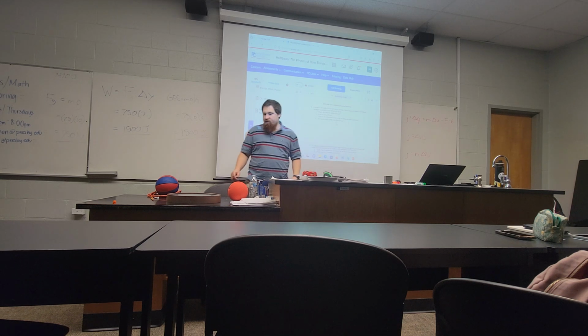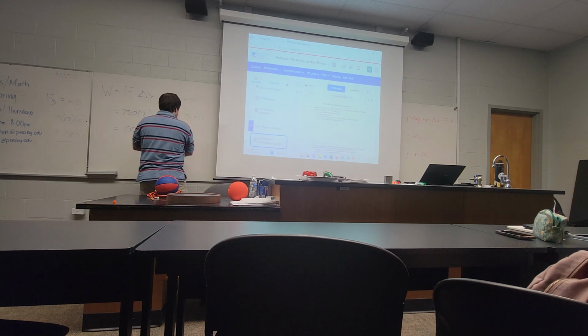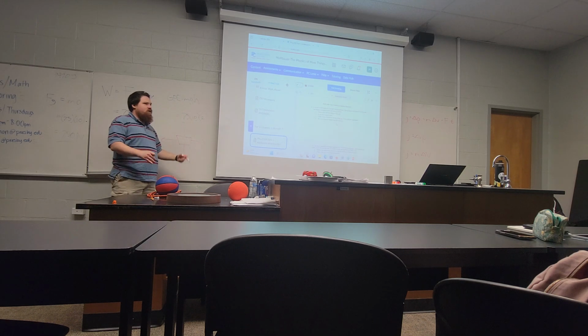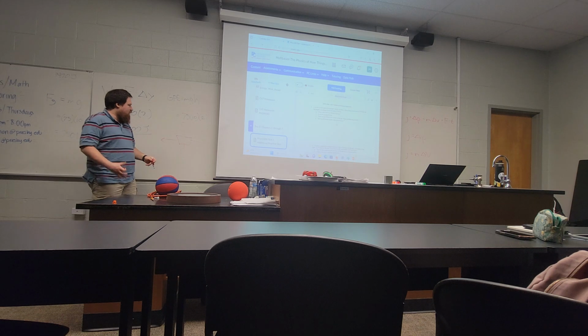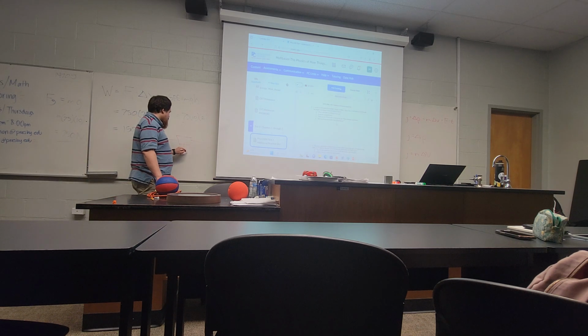I think about it in terms of drawing a picture, because I have a very visual brain. Figuring out which forces are pointing in which direction such that they do all add up to 0. You've got the weight down, normal force up, the engine forward, and there has to be something pushing backwards, and that would be friction.